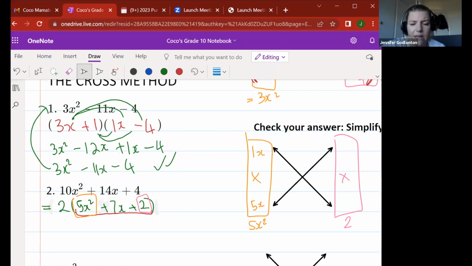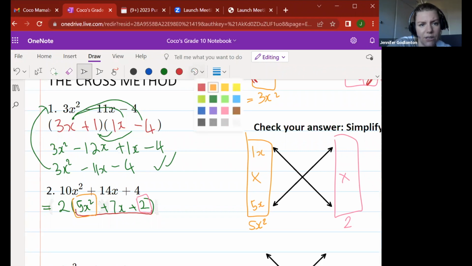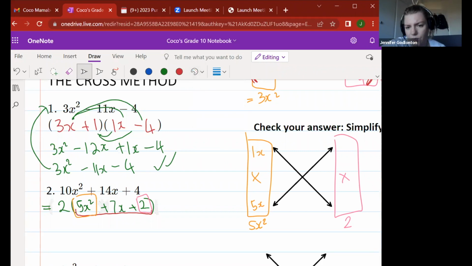Now let's look at this 2. How can I get 2? What times what is going to give me 2? 1 times 2. So let's put our 1 here and our 2 there, because 1 times 2 is going to give us 2. Great start. Now we need to start playing with our cross multiplication.